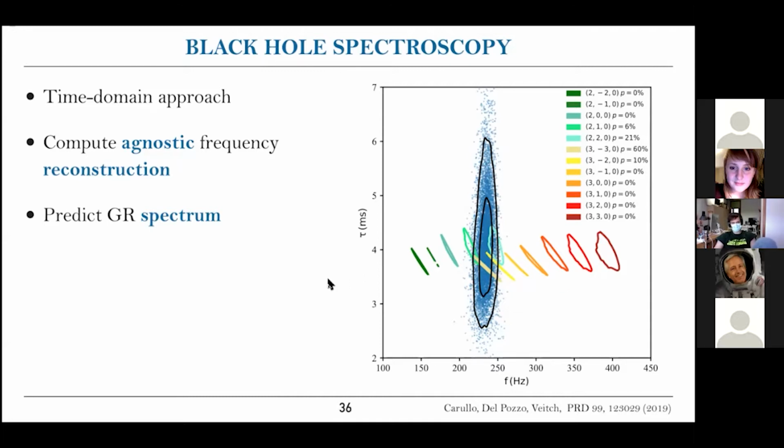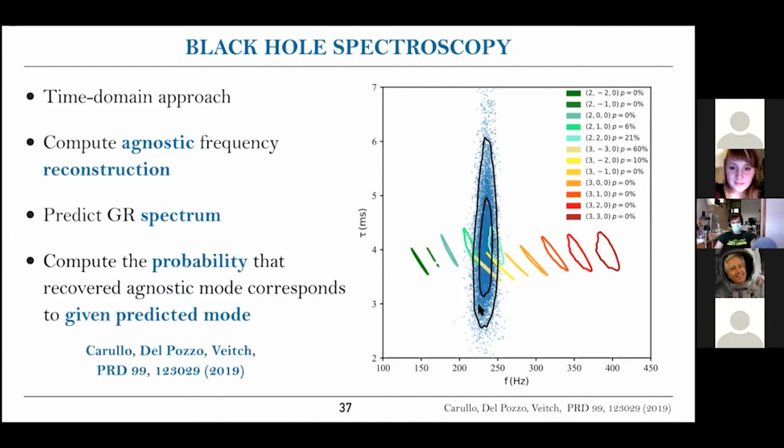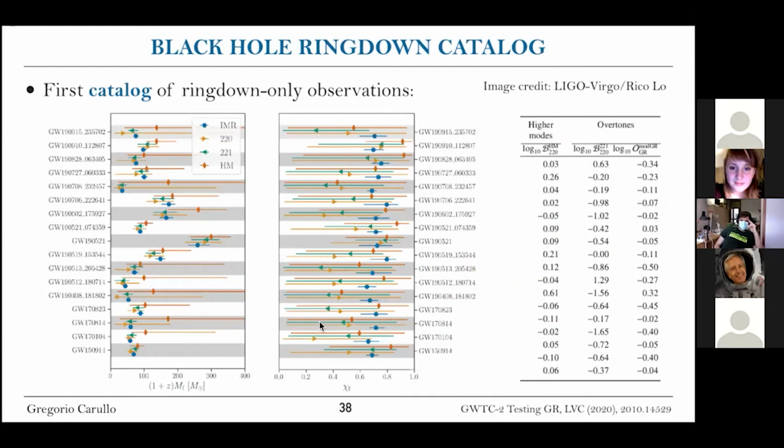And then you lay the agnostic prediction on top of this, and you can compute the probability that the recovered mode that you had in the agnostic way corresponds to a given predicted mode. And in this case, you see that we could not really distinguish between all the different modes because the reconstruction is so wide. But in the future, we expect to pinpoint precisely which mode you had. Of course, this is a very basic way in which you can do this. There are more refined ways.